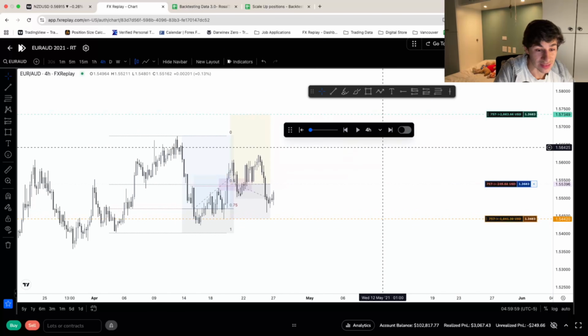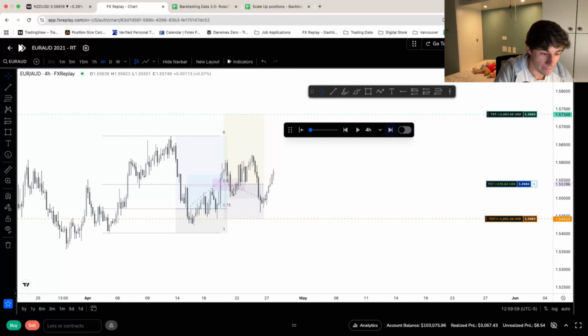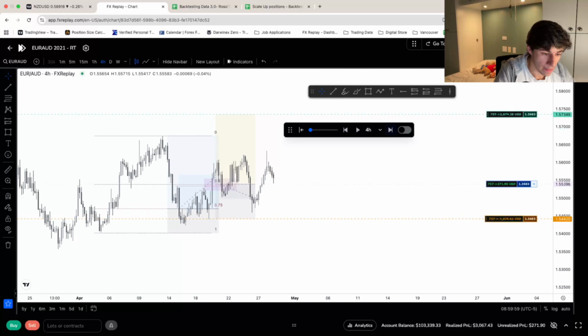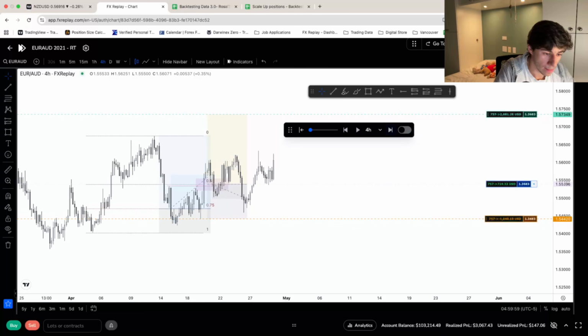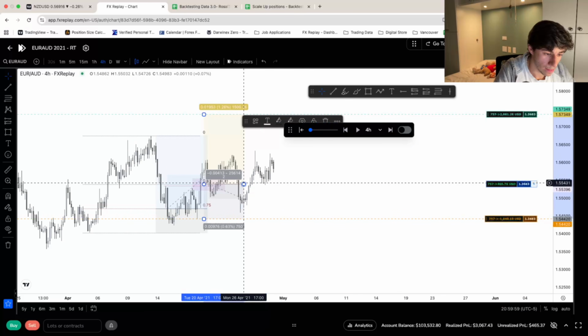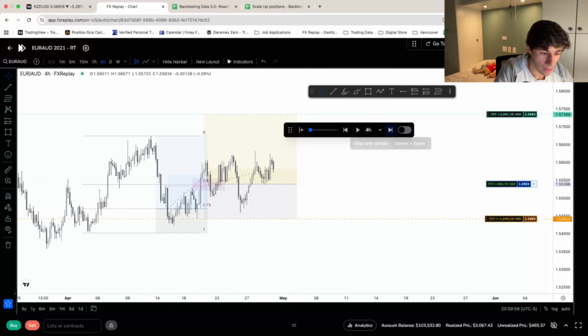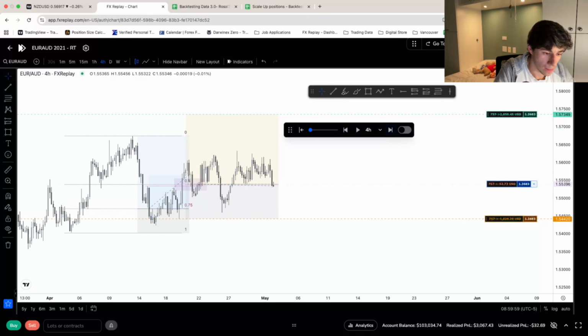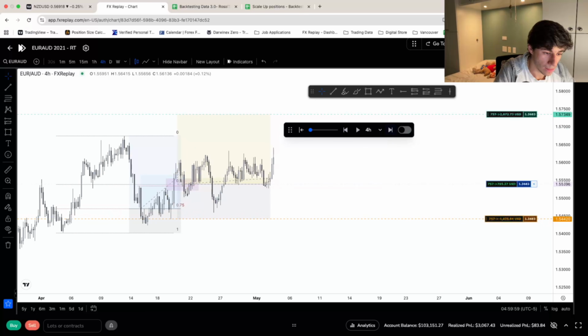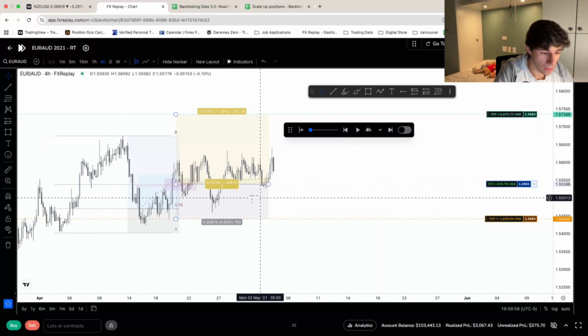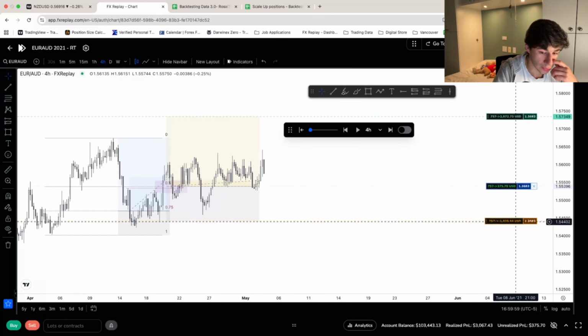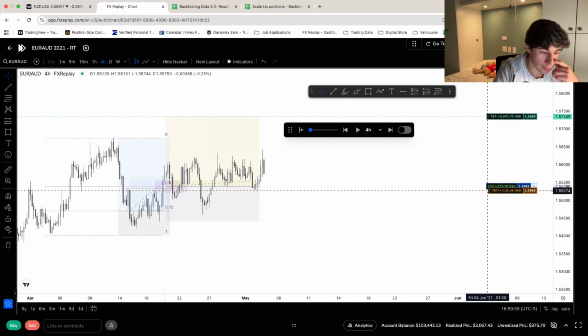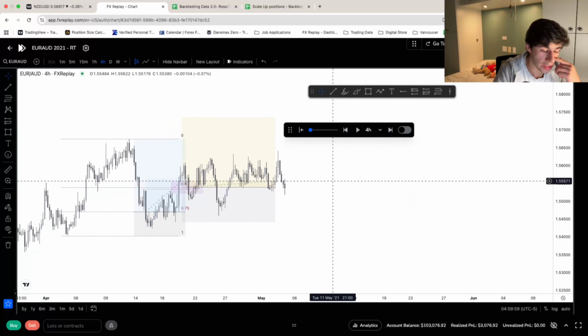Now we just have the second one running. Probably it's taking ages, so I'm just gonna move my stop to break even. Okay, so break even in both.